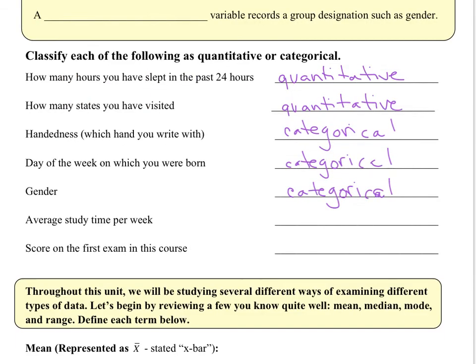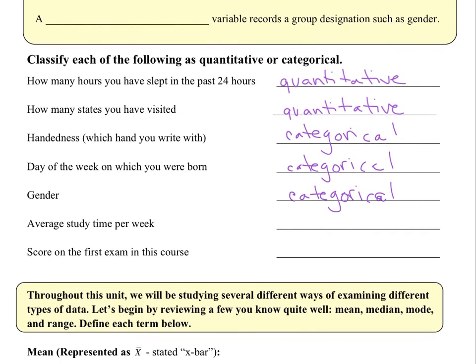Average study time per week, so again we're talking about numerical characteristics, so that would be quantitative. And the last one, score on the first exam in this course, that's also numerical in nature, so that would be quantitative.